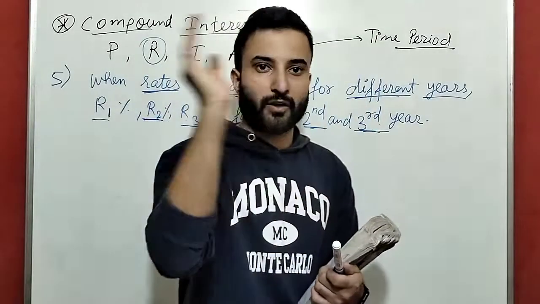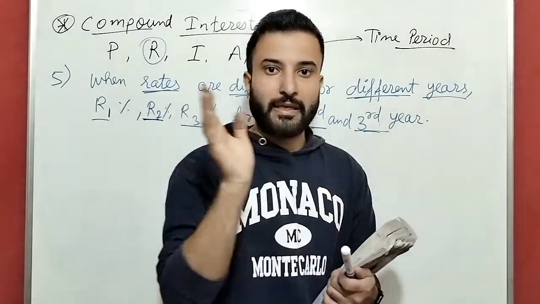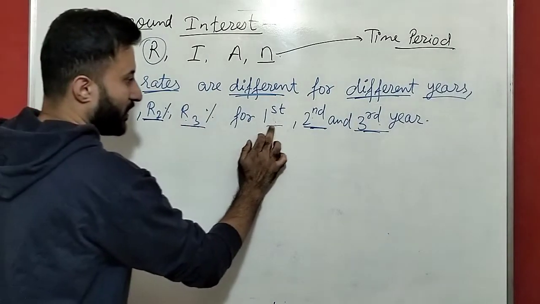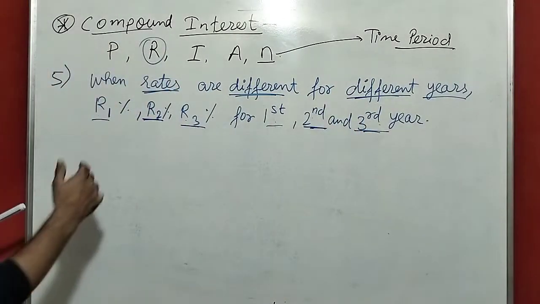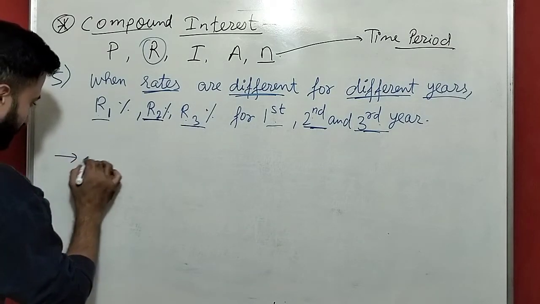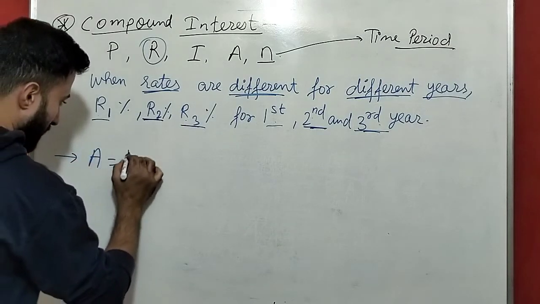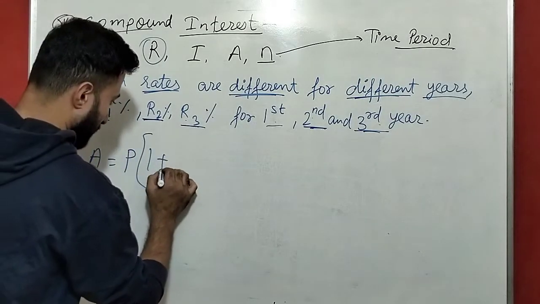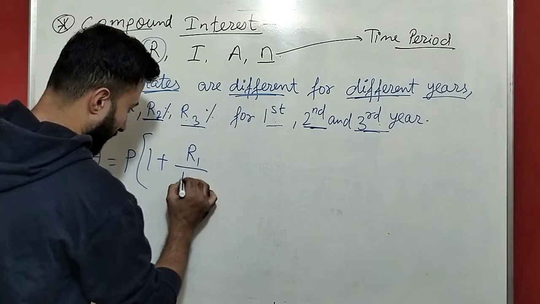So here we will write amount equals P, and for the first year 1 plus R1 by 100.